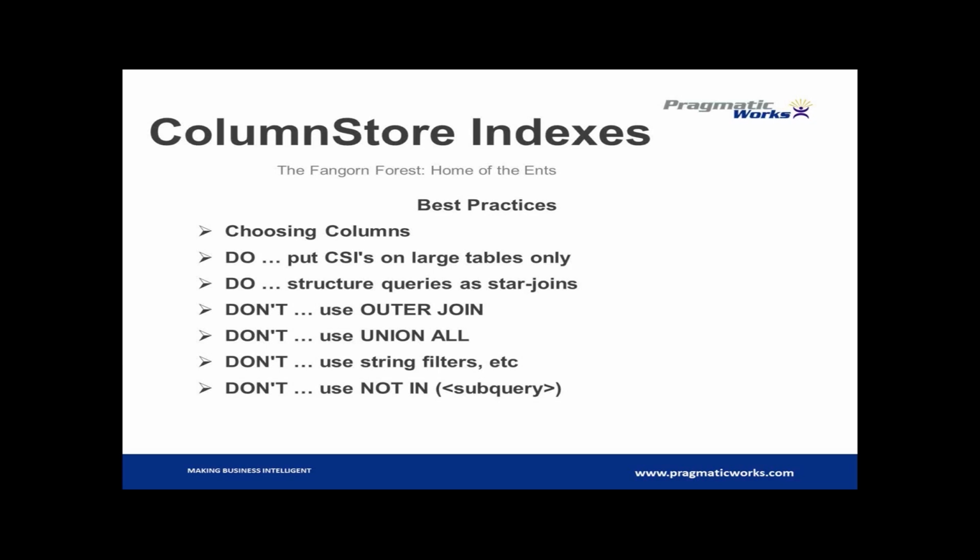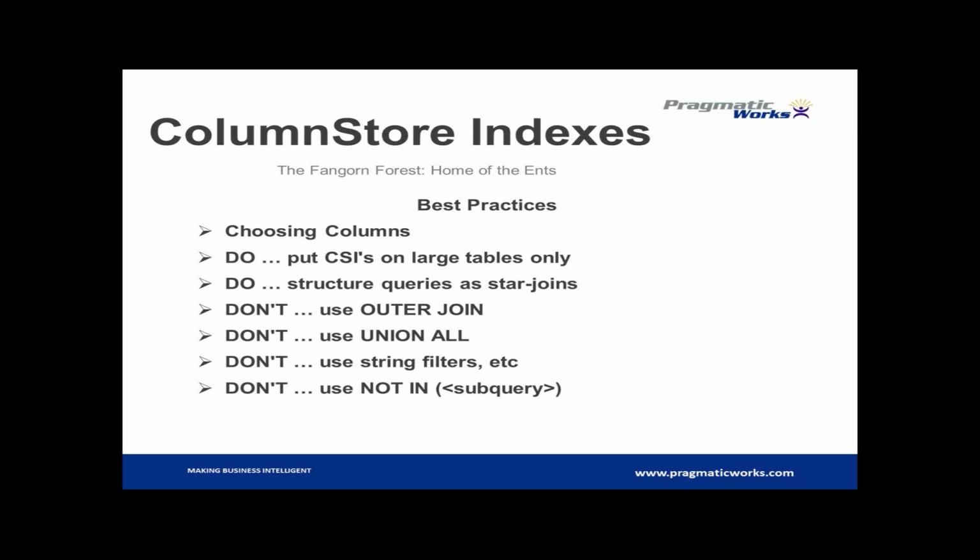Don't use filters directly on the columns in the ColumnStore. String filters actually don't get pushed down into the scans on ColumnStore indexes. Filters on numbers and date types are pushed down.